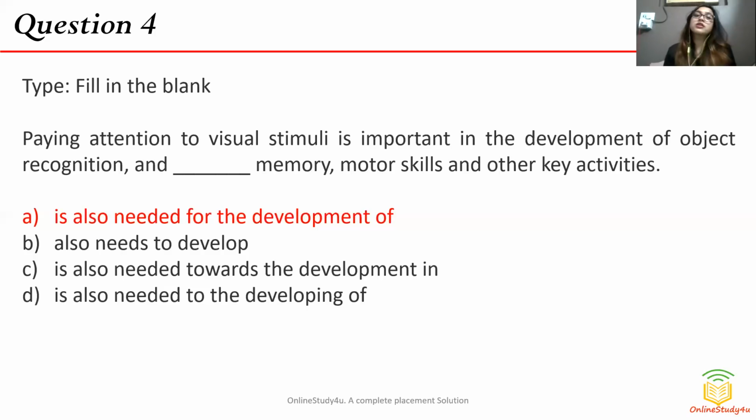What I want you to notice out here is, in the first half of the sentence, they have already used development of object recognition. So you know that here also for your dash memory, it will be development of, it will not be development in or developing of, right? You get that cue or hint from here.